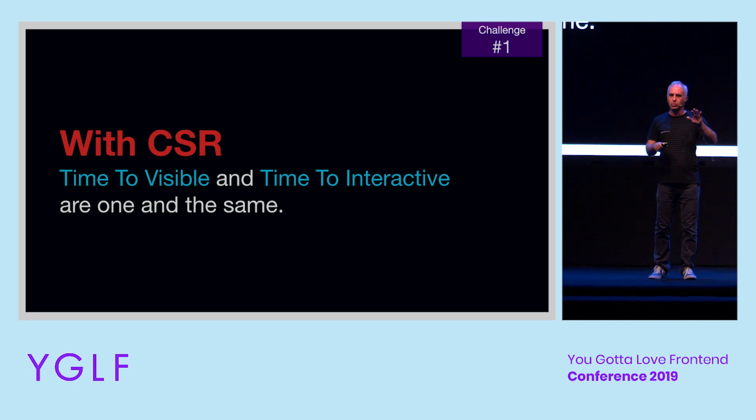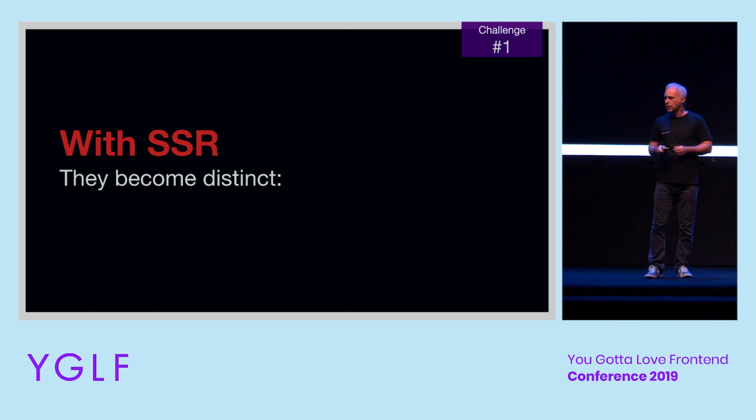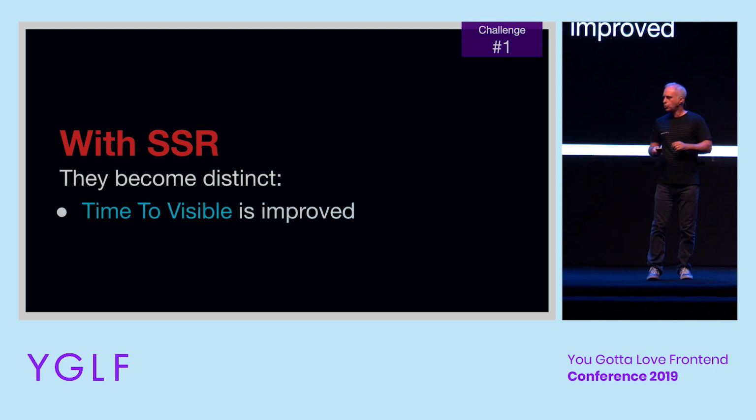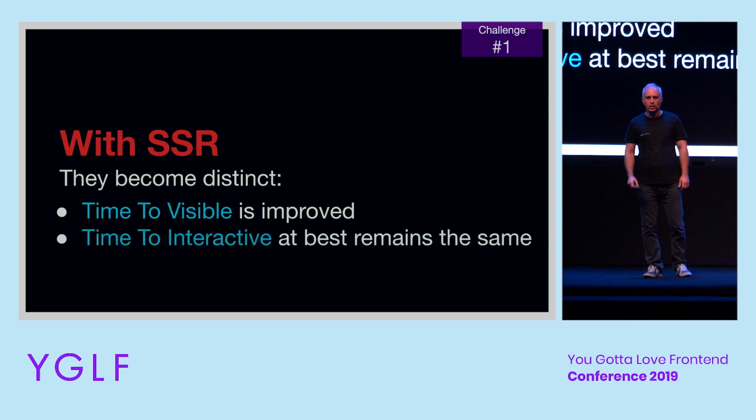If there's a menu, you can select a menu item and so forth. That's not the case with SSR. With SSR, these two become distinct. SSR really improves the time to visible because you get that HTML with all the visible elements really quickly. But it turns out that time to interactivity at best stays the same. In fact, from what we've seen, in most cases you even experience some degradation.